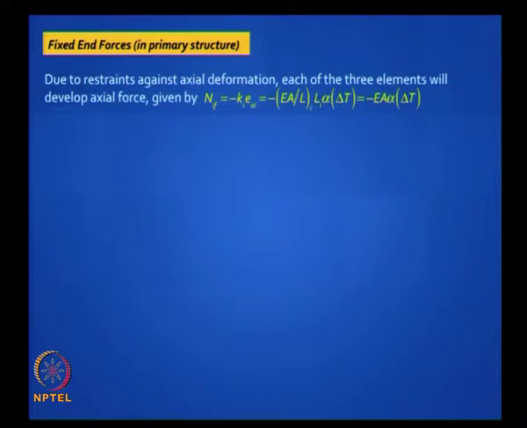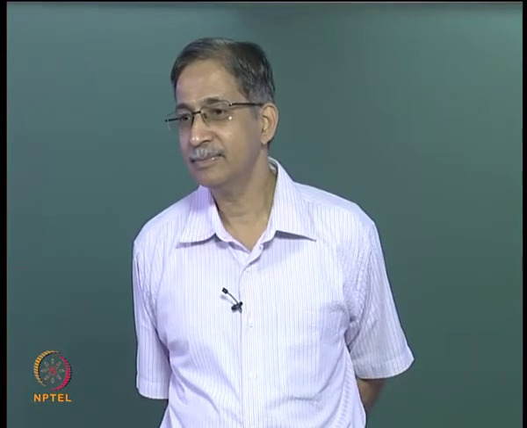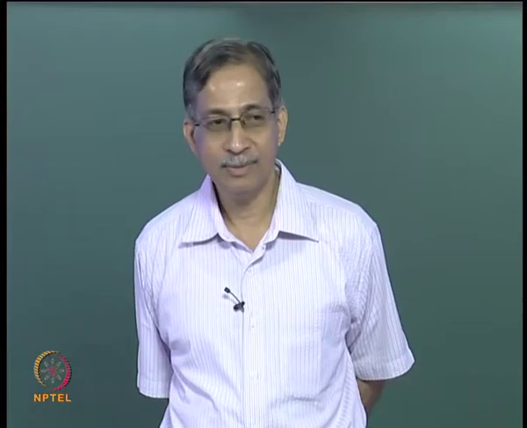Now it is interesting that Ki is EA by L and e naught i is L alpha delta T. L cancels out. So for all the three elements you will get the same axial force, right?